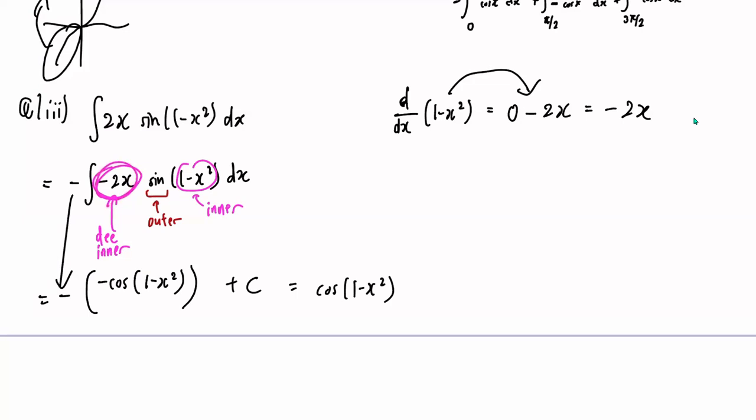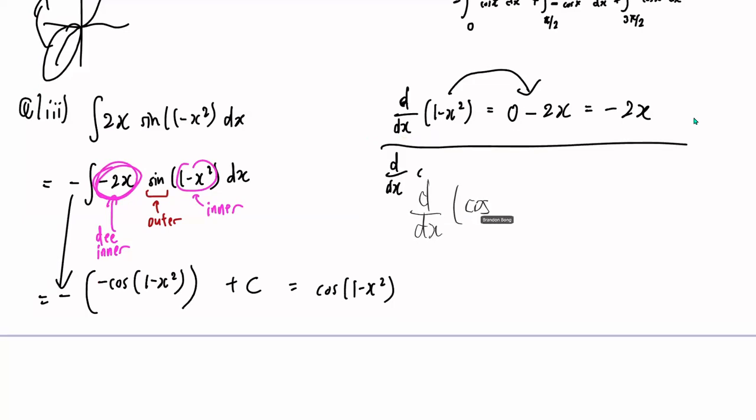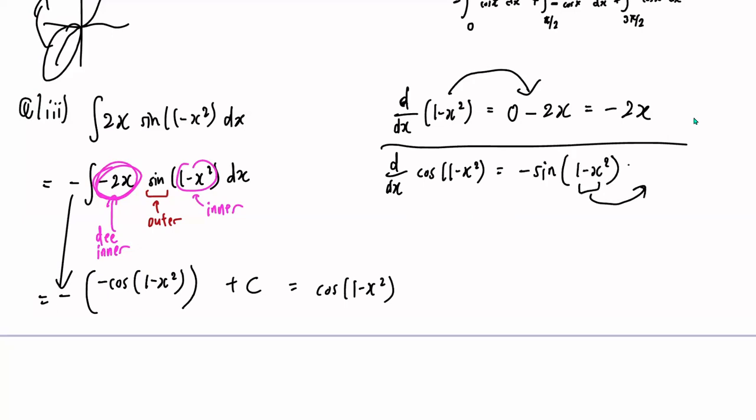How do you verify that I integrated correctly? Differentiate the answer. Let's see what happens when you differentiate cosine of 1 minus x squared. Definitely you need to use the chain rule. Differentiate cosine, you get negative sine. Keep the inner function. But don't stop there. You must multiply by the derivative of the inner function, so it's negative 2x.